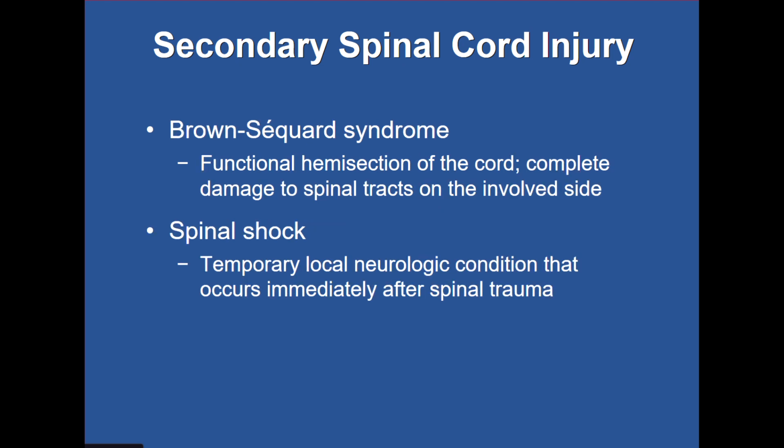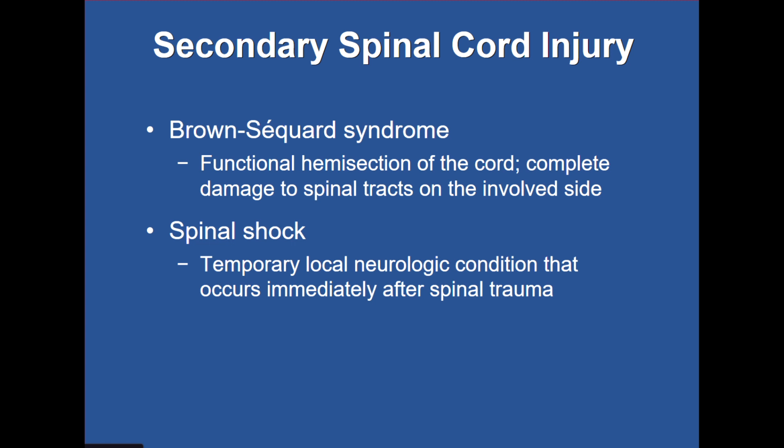Oh, we already talked about this syndrome where it's just on one side of the spinal tract, so you tend to get more one-sided issues. And then spinal shock. The good thing about spinal shock is that it appears as though they have extreme spinal damage, but it's temporary, and it does resolve.